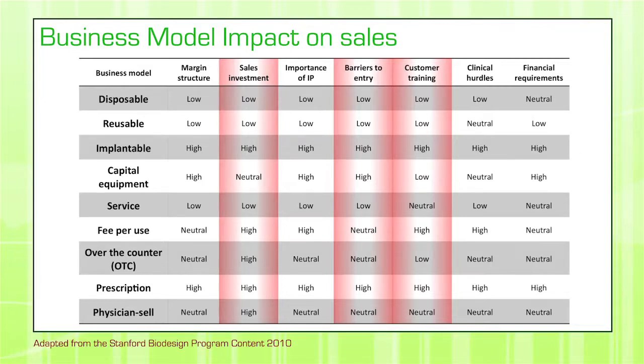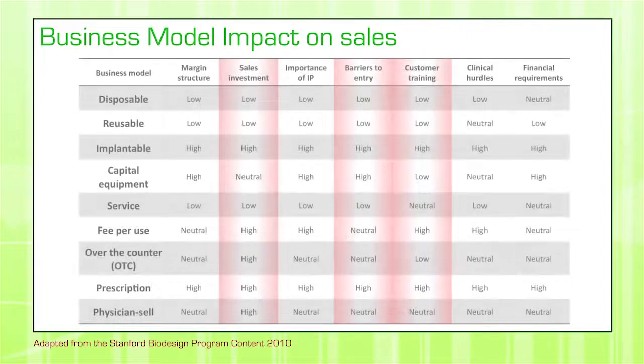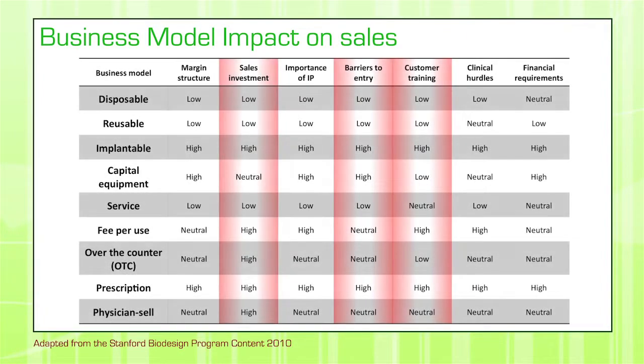Why is it important to revise these business models? Because they are all different in terms of margin structure, sales investment, importance of intellectual property, barriers to entry, customer training, clinical hurdles, and financial requirements. As such, your financial and business model will be critical in determining your sales and distribution strategy.